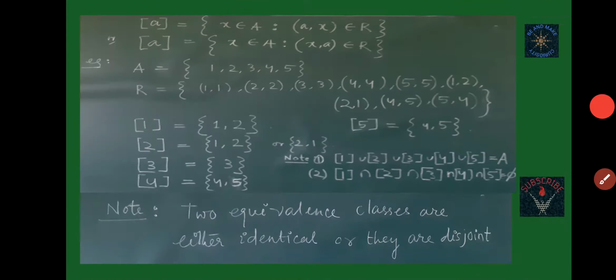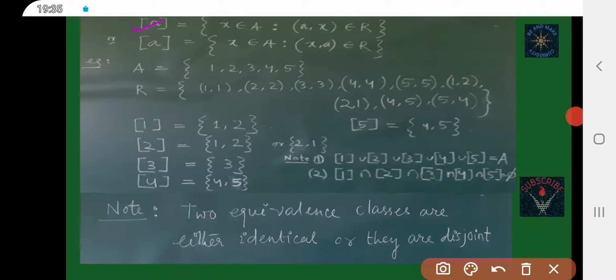Okay, next we take another example. The equivalence class of a contains the elements of A such that a is related to x, which belongs to relation R, and we can write like this also: x belongs to set A such that x is related to a, which belongs to relation R. Okay, for example, set A which contains 1, 2, 3, 4, 5 these elements, and relation R which is an equivalence relation, here it contains these elements.